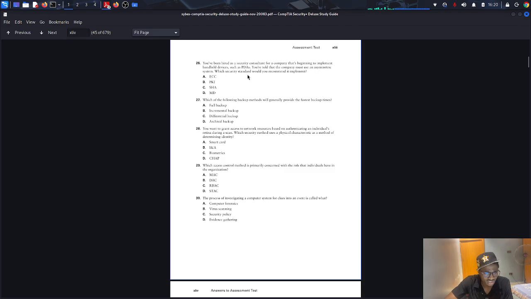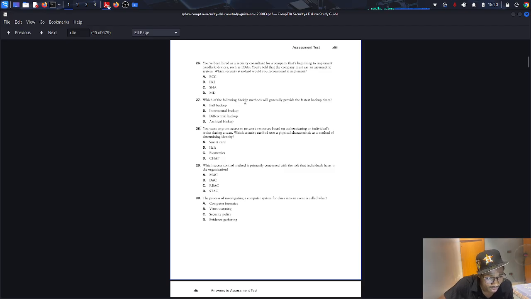Which security standard would you recommend it implement? If I pass this question, I'm impressed with myself. Let's see, I'm going with D. I don't even know, man. I'm leaving this one blank.